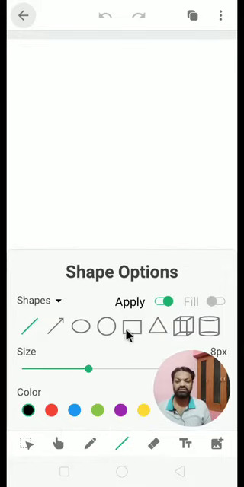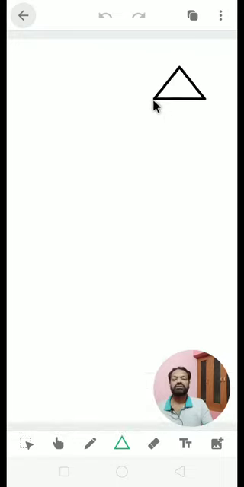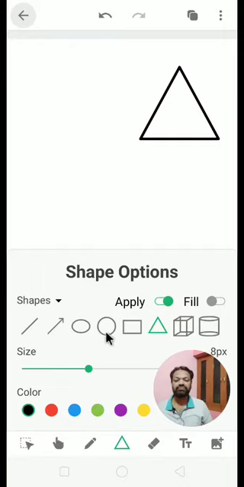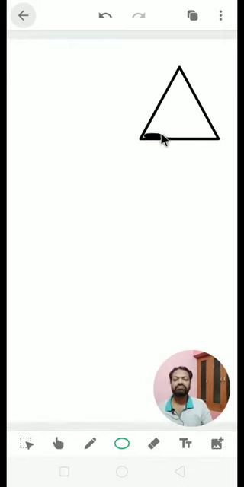So in the same way, first of all we will draw the figure. Let us see how the figure will be. Suppose I take this triangle to draw our cone. Suppose this is the cone, and now we are going to draw the hemisphere.